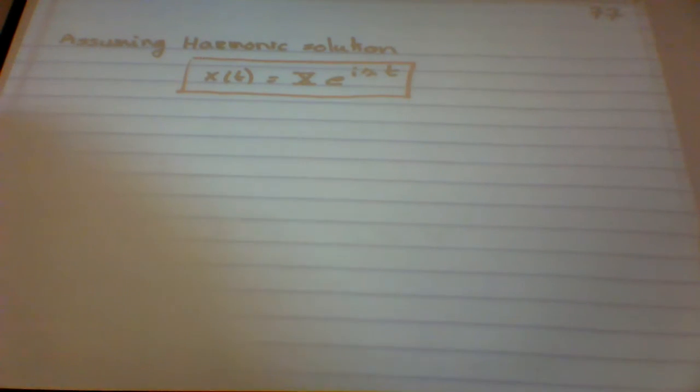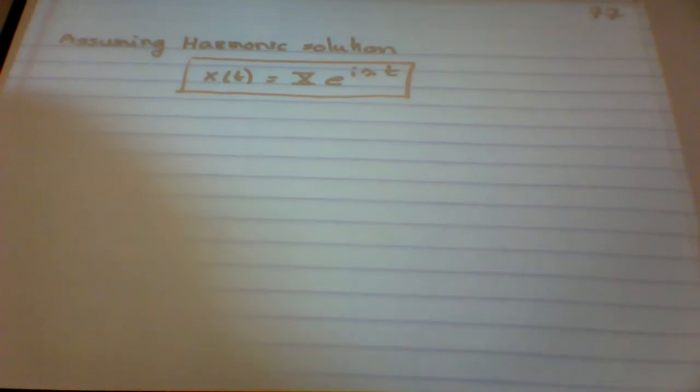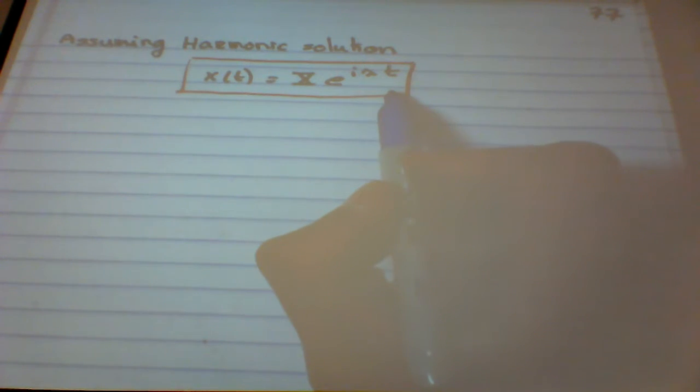So basically, what if this is 1, then what does it mean? x1 equal to capital X1 e to the i lambda 1 t.